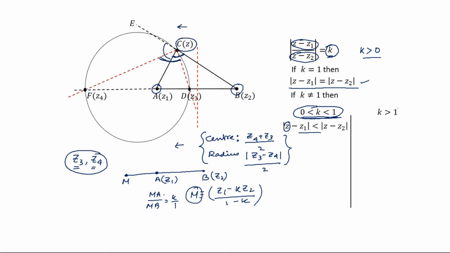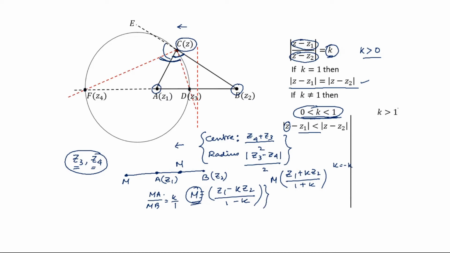If M is externally dividing, the complex number associated with the point M will be (Z1 minus kZ2) by (1 minus k). And if this point is dividing the line joining AB internally somewhere, suppose M is here, in that case the complex number associated with M will be (Z1 plus kZ2) divided by (1 plus k). That is, k has to be replaced by minus k when the point is internally dividing. And if it is externally dividing, then k is as it is in this formula where it will be negative.